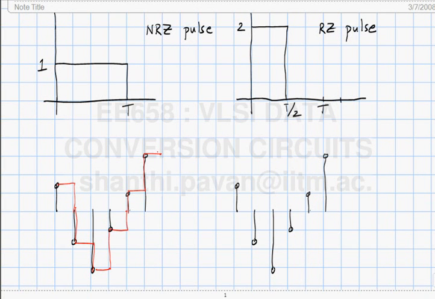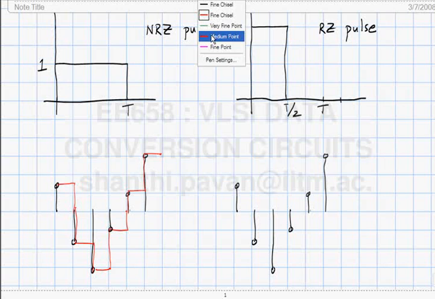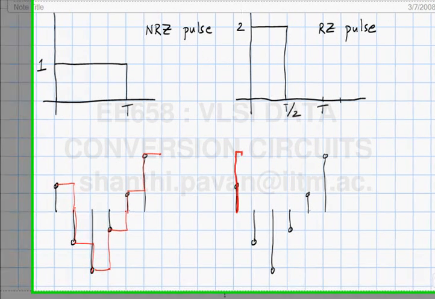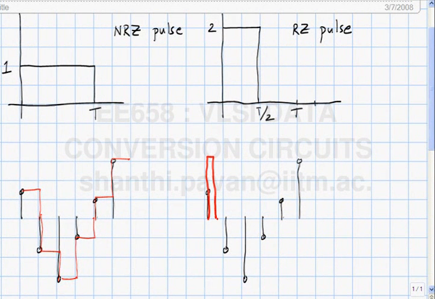And what do you think a return to zero DAC will produce? It will produce something twice the height and half the width, come back to zero, go twice the height, half the width.